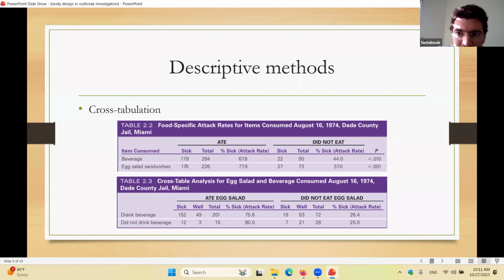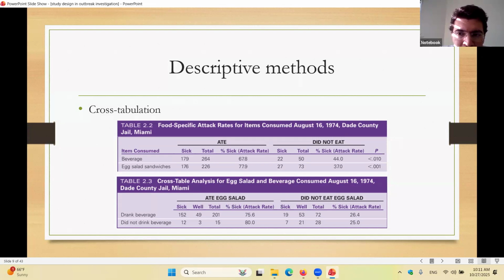Yes, I understood your question. You are asking why, in the column for those who did not eat, the attack rates are not 0 or close to 0. It is also a question for me.